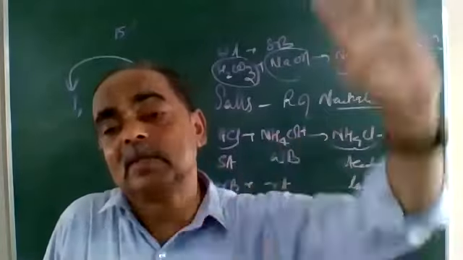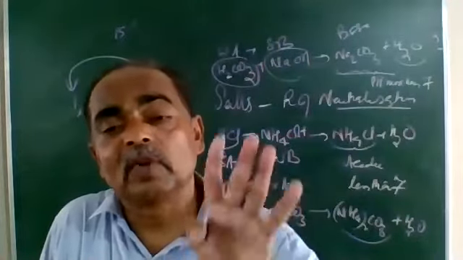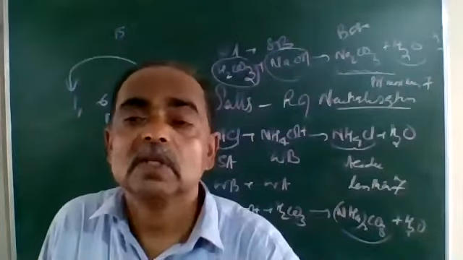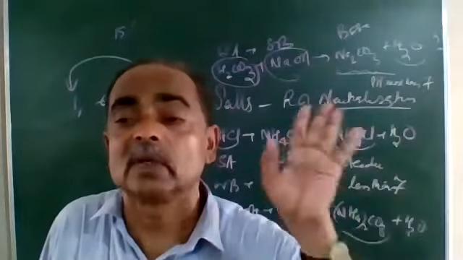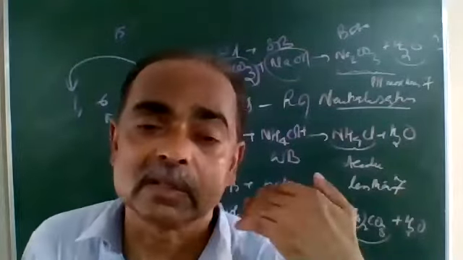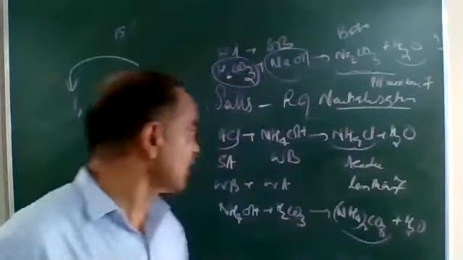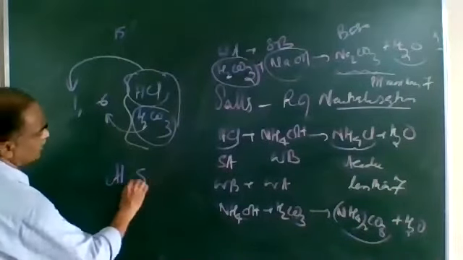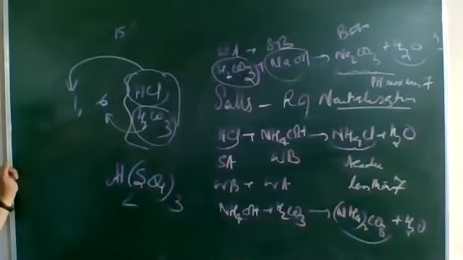Understood it clearly? Four different solutions may be given, and you will be asked to find out which of them is acidic, basic or neutral. In case the question carries fewer marks, you only have to say that this is acidic, basic or neutral. And if the question carries more marks, then you need to write down what it is a product of. Say, for example, one simplest example is aluminum sulfate, Al2(SO4)3.